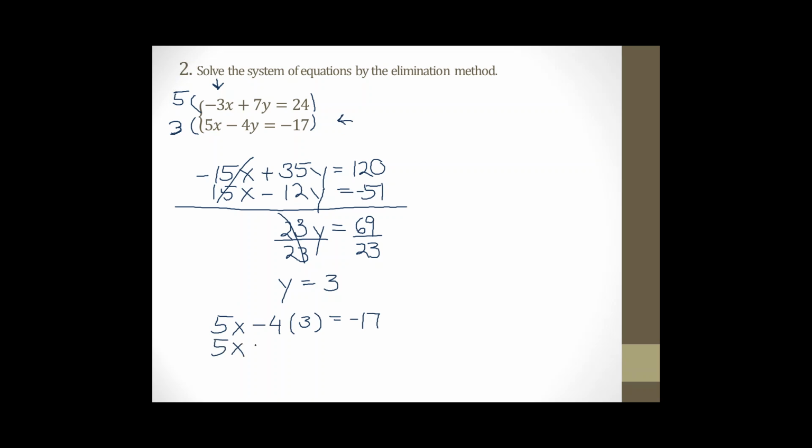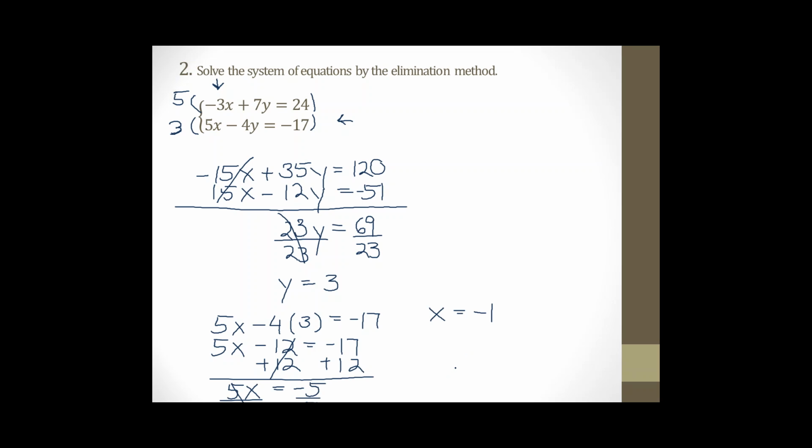So 5x -12 equals -17. Adding 12 to both sides, that leaves me with 5x is equal to -5. Okay, now divide by 5 on both sides. So x equals -1.